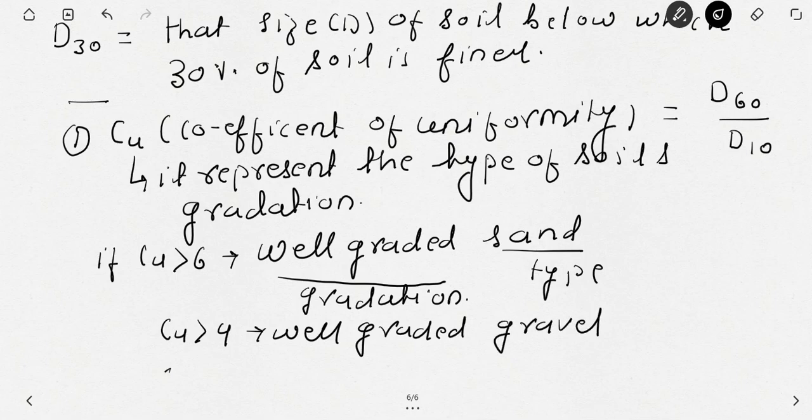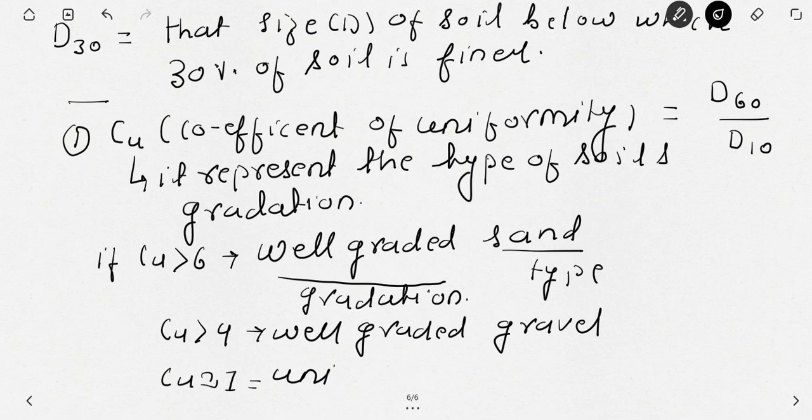Now if Cu is approximately equal to 1, it is called uniformly graded soil. Now here there is no type, it is said to be uniformly graded soil, and in place of soil you will look at the particle size distribution curve, in which range the uniformly graded curve lies, and you will name it.